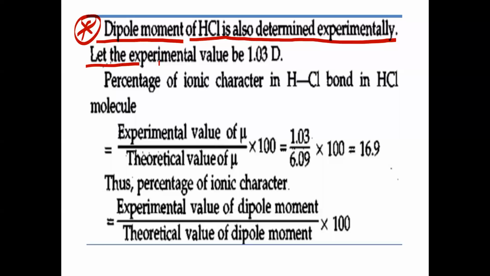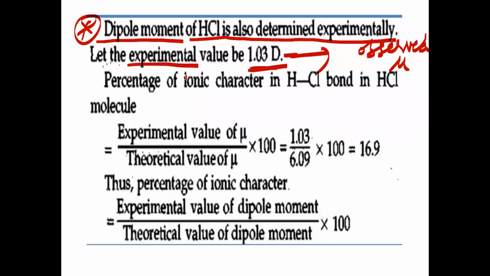Now, what we are saying here: dipole moment of HCl is also determined experimentally. Let the experimental value be 1.03 Debye. So given here is the experimental or observed dipole moment, mu. Mu indicates dipole moment. The given observed dipole moment is 1.03 Debye, or we say experimental mu.